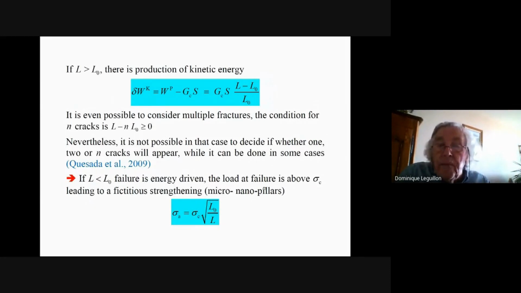The load at failure is larger than sigma c, and it is very often interpreted as a strengthening of the material, as can be met in micro or nano pillars, where the tensile strengths that are observed are, from my point of view, apparent strengths, and are very high.